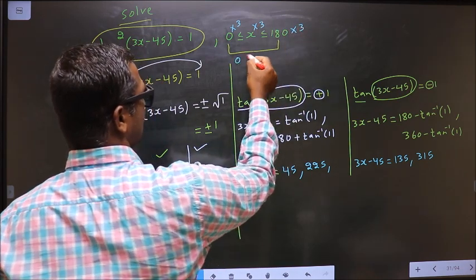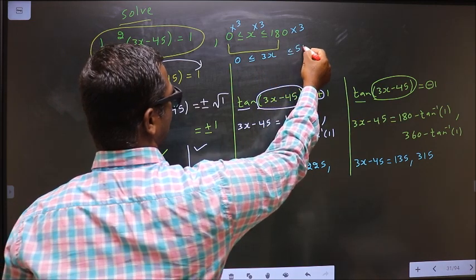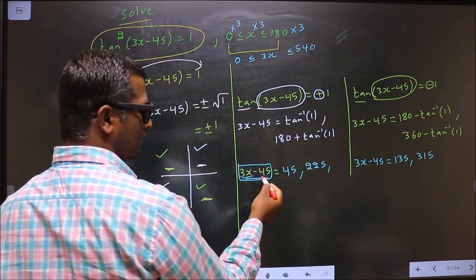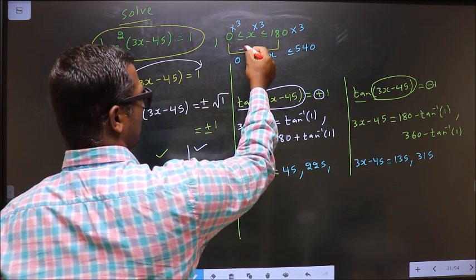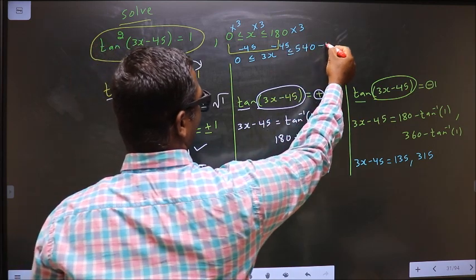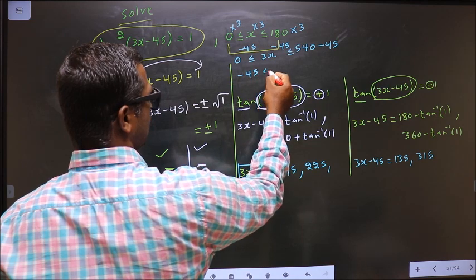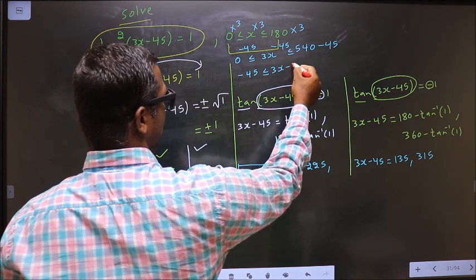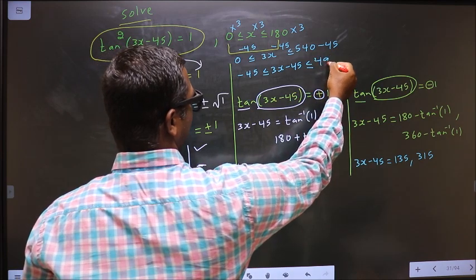So you get 0 less than or equal to 3x less than or equal to 540. Now to get minus 45 as well, you subtract 45. So we get minus 45 less than or equal to 3x minus 45 less than or equal to 495.